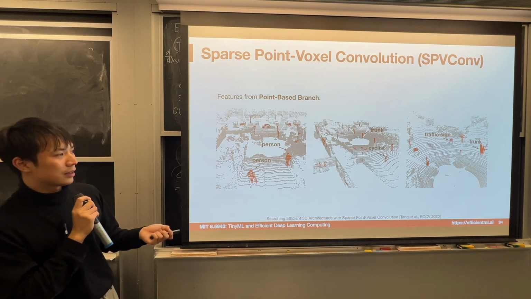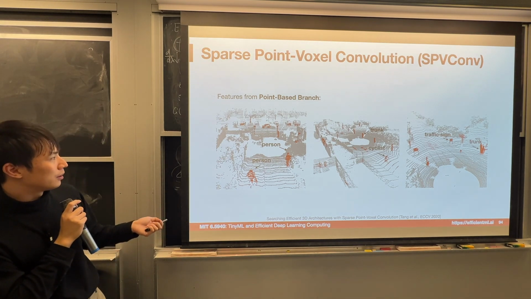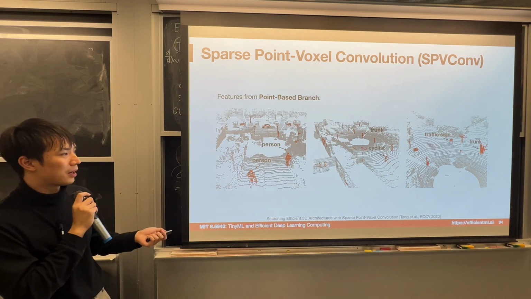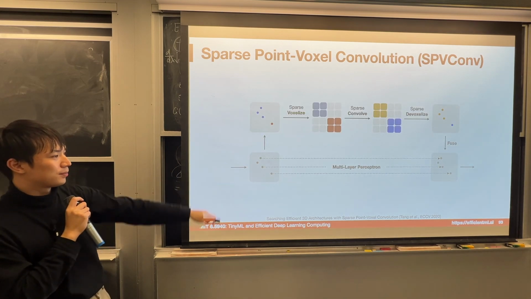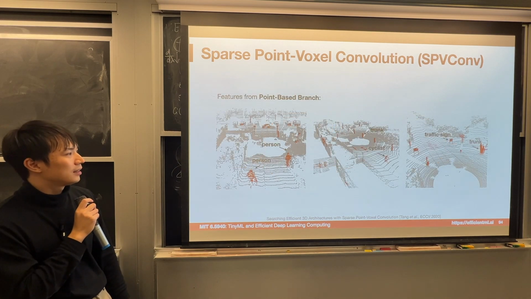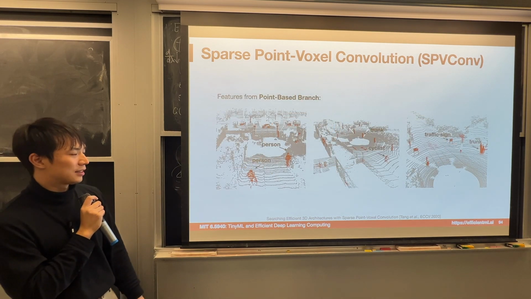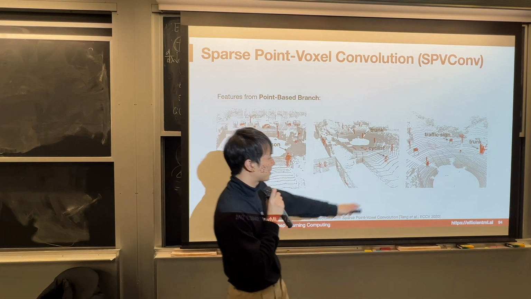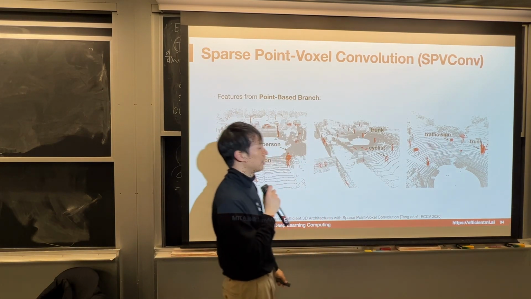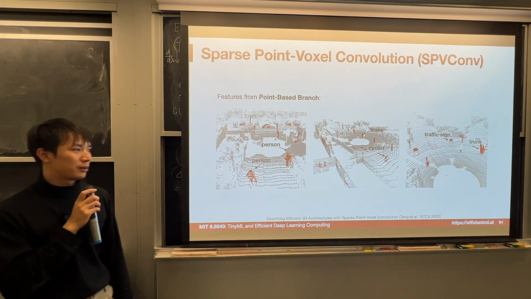With this modified design, we look again at the point-based branch, basically the lower branch, and we can see that it mostly still focuses on fine-grained details. For example, those traffic signs are super small in the point cloud compared to the entire scene.